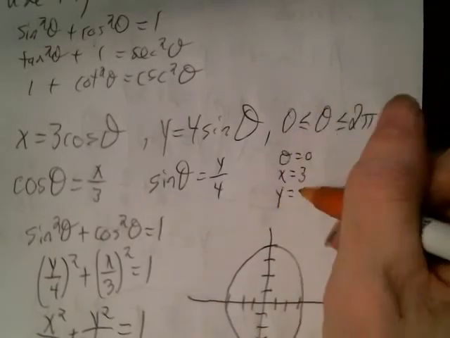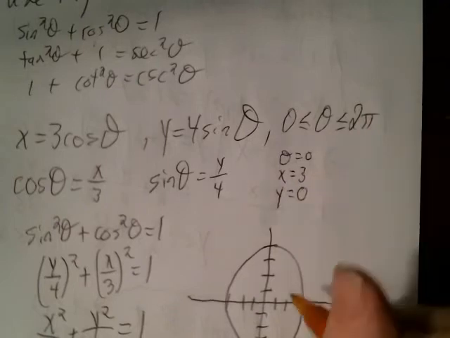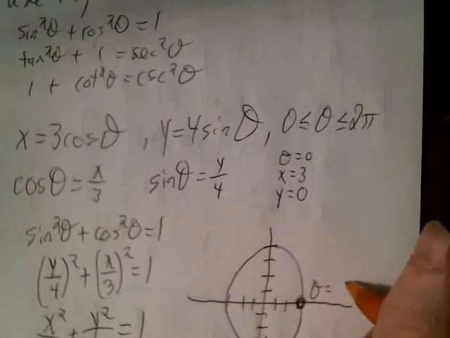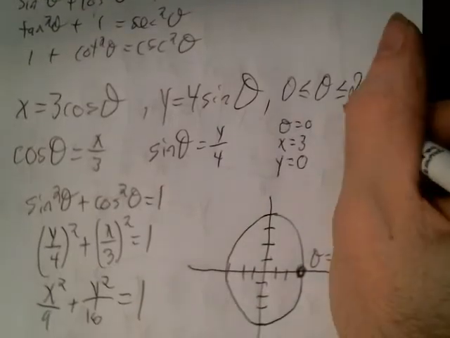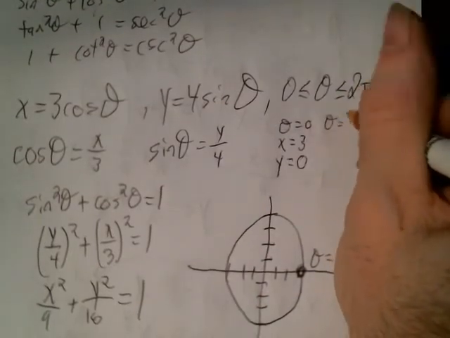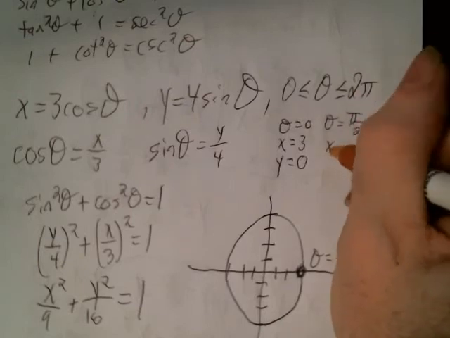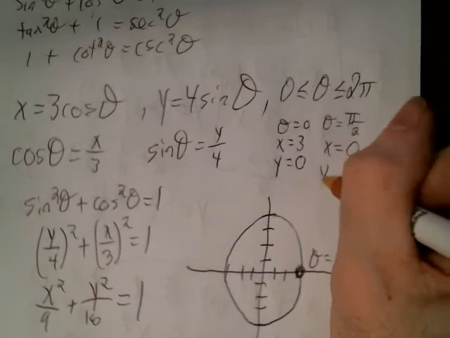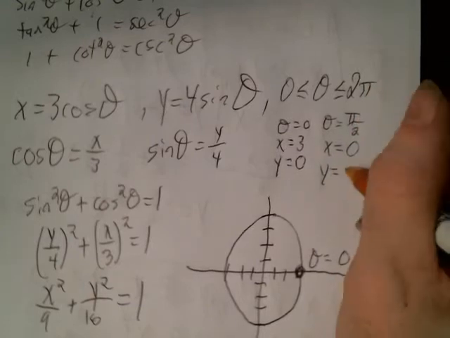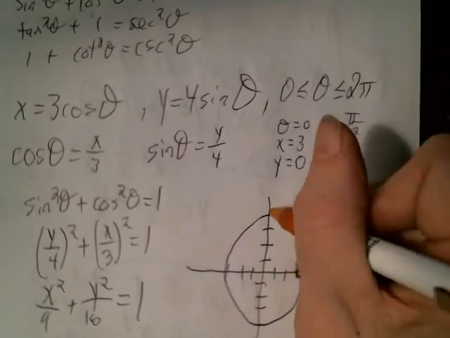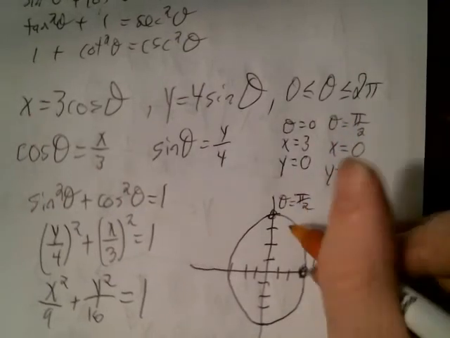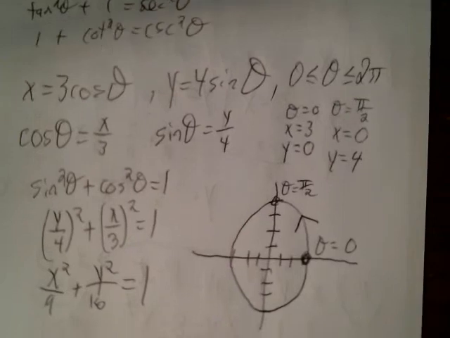And then y is equal to 4 sine of 0, which is 0. So when theta is 0, I'm at 3, 0. And then when theta is pi over 2, I get x equaling 3 cosine of pi over 2 is 0. 4 sine of pi over 2 is 4. So I'll have 0, 4 when theta is pi over 2. In other words, it's this orientation.